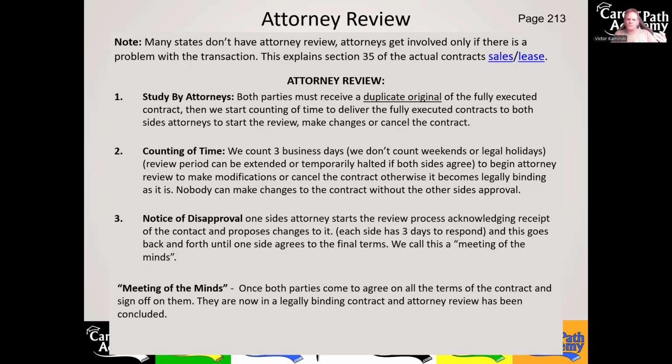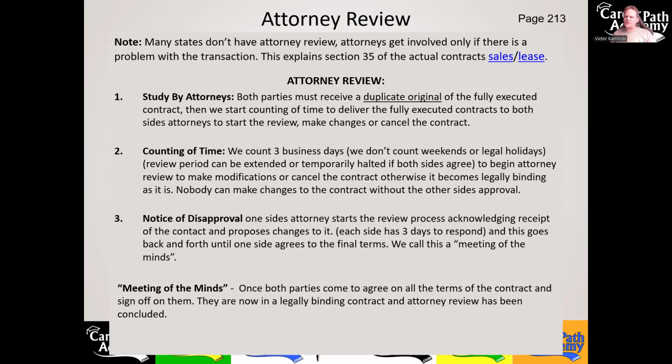So when the attorneys study it, one attorney then can either sign it, agree to it, and now we're out of attorney review. Or they could send out their notice of disapproval of the current way that the contract is written. So one side's attorney starts the review process first by acknowledging receipt of the contract and proposes changes to it.